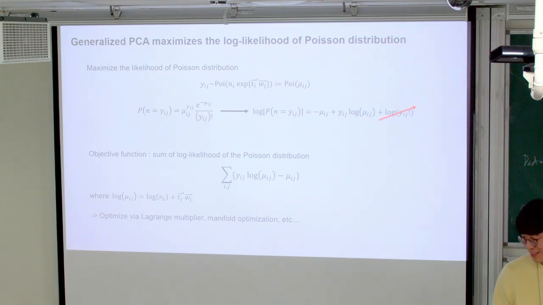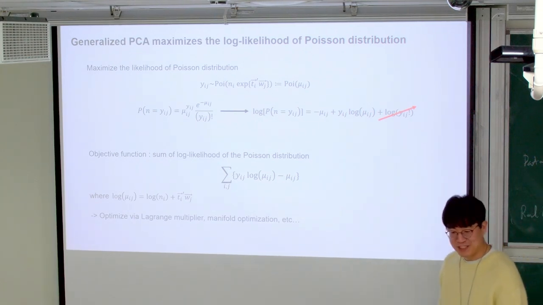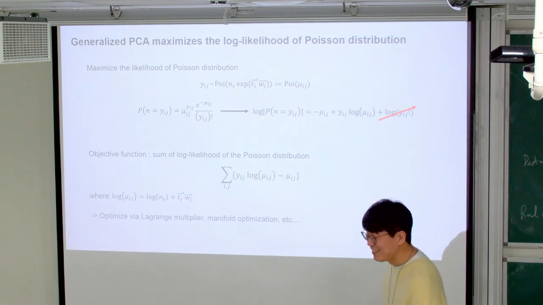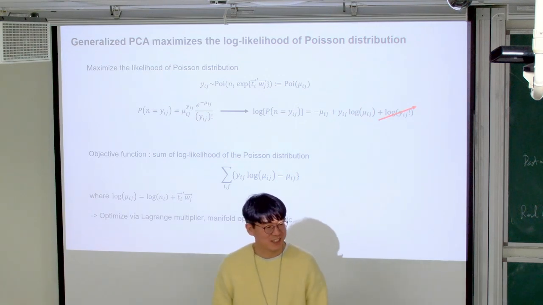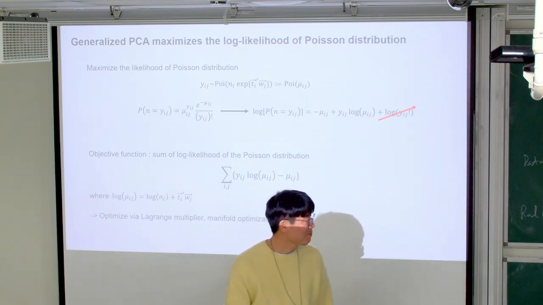Isn't it surprising that everyone says PCA, PCA, PCA, but if the distribution becomes just Poisson, we can't? Poisson is also an extremely easy distribution, isn't it? Wow. It's really sad.